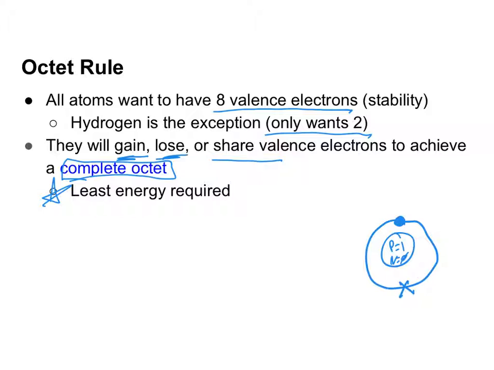Atoms are super lazy. Think of them as really lazy people, maybe like teenagers who just want to sit around and play video games. Think about yourself in the summer, maybe. They're going to do whatever requires the least amount of energy in order to achieve that stable octet.